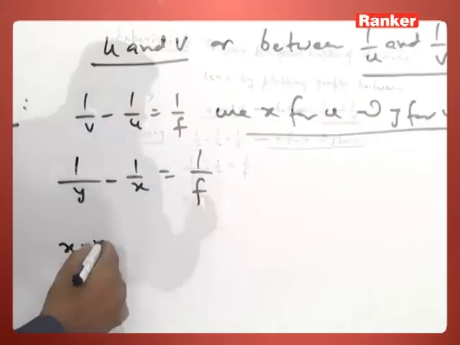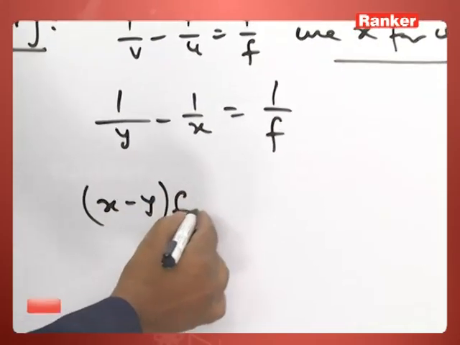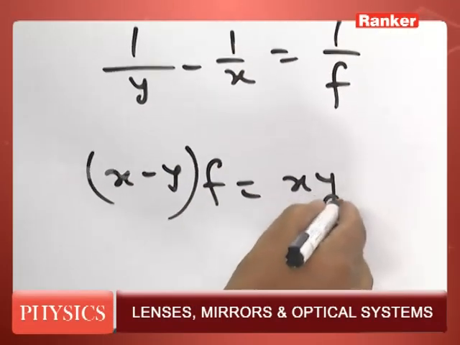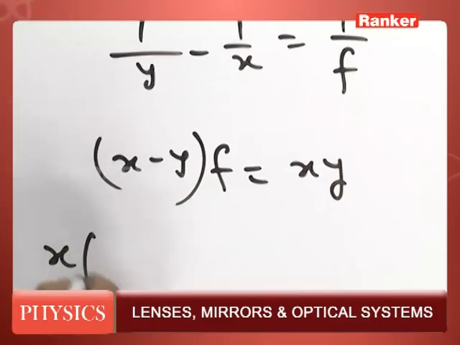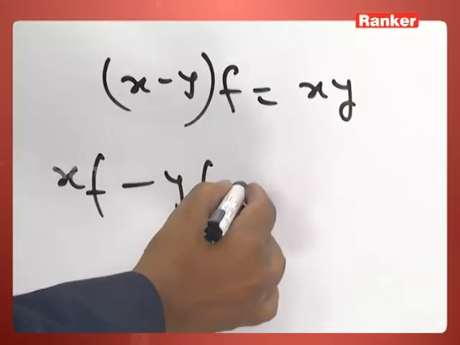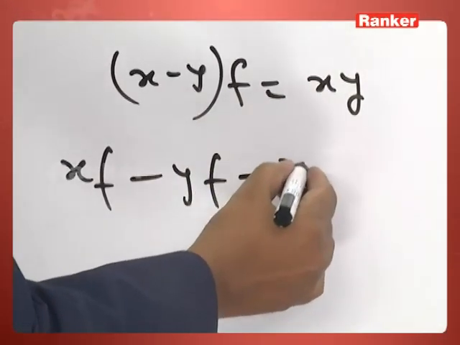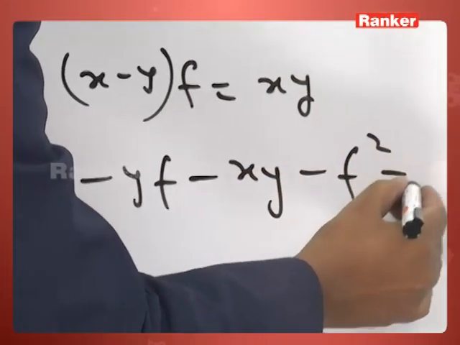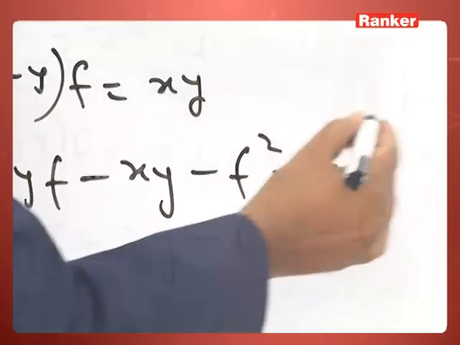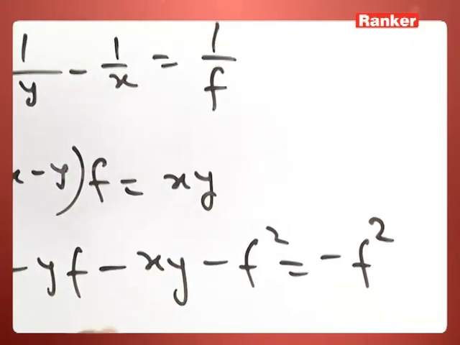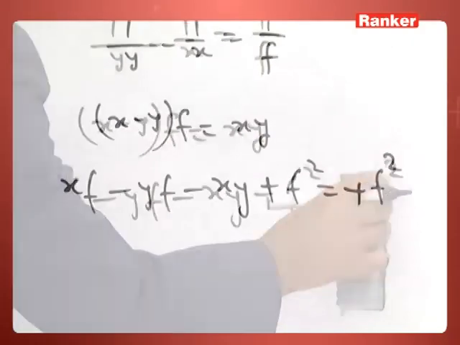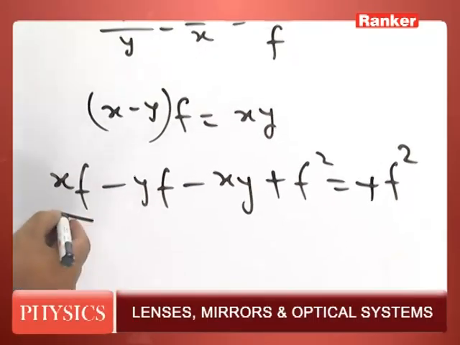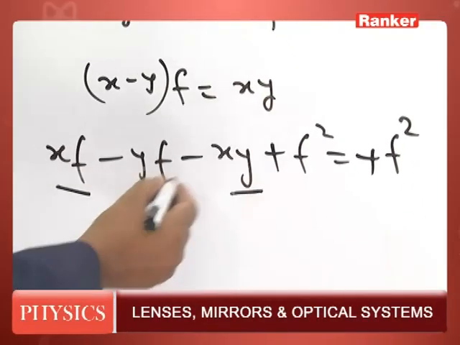This is (x minus y) into f is equal to xy. So xf minus yf, then we bring again minus xy, and then minus f square is equal to f square. So let it be plus only. So now take xf and here x common.